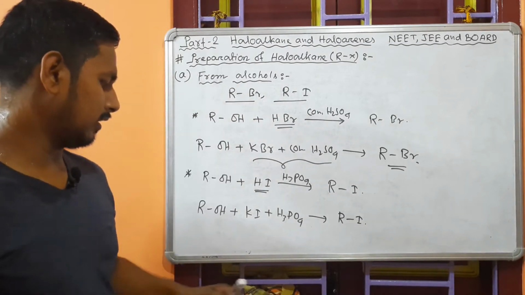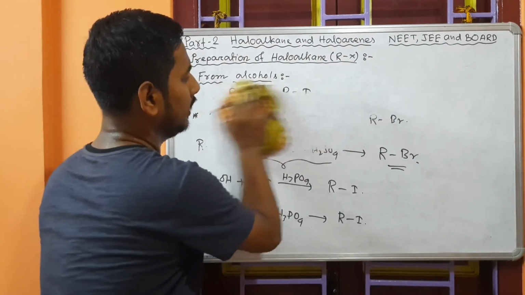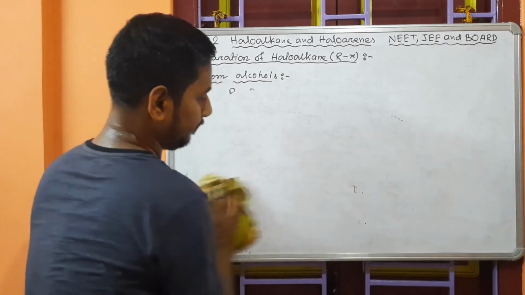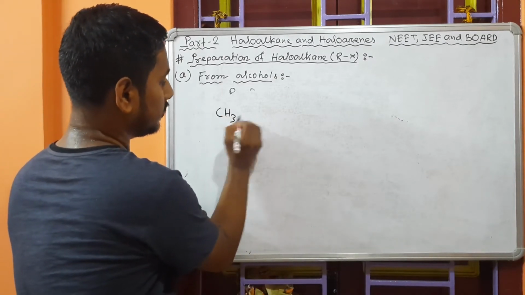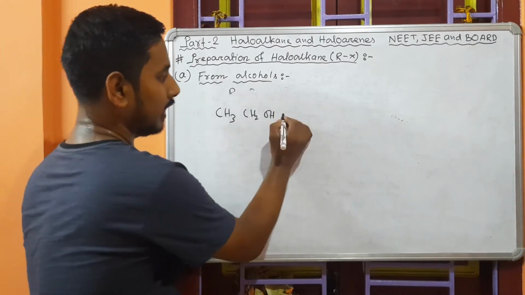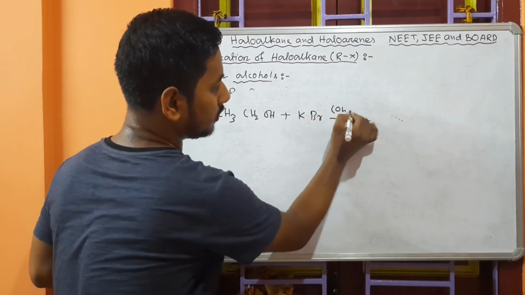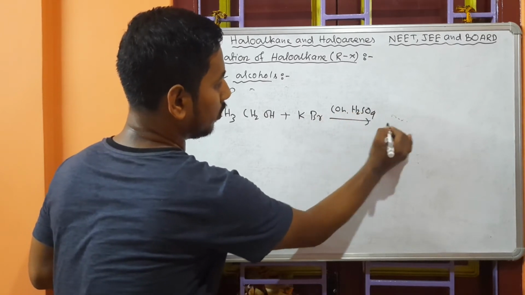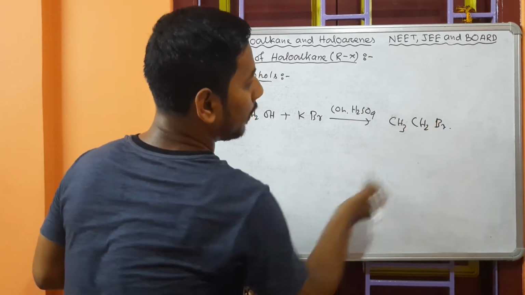So you can take some examples. Say you have CH3CH2OH. This is ethyl alcohol, and this ethyl alcohol reacts with KBr in presence of concentrated H2SO4, then you get the product CH3CH2Br.